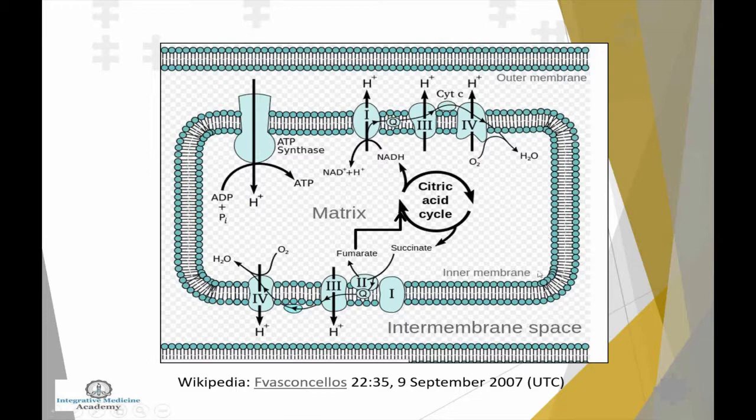And then things get transferred to this inner mitochondrial membrane, and these complexes here, 1, 2, 3, 4, are linked to something called the electron transport chain. And that's the area where we really produce a large amount of ATP, that cellular energy currency that we need to run our body.